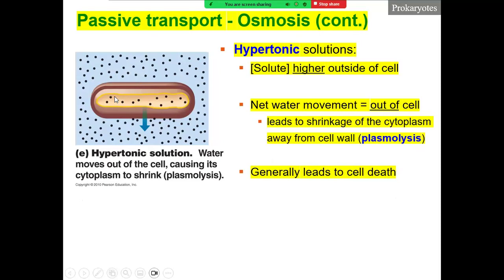That will cause water to leave the cell, leading to shrinkage of the plasma membrane, where you can actually see the plasma membrane pull away from the cell wall. That will lead to plasmolysis as the water leaves the cell. That generally leads to cell death.